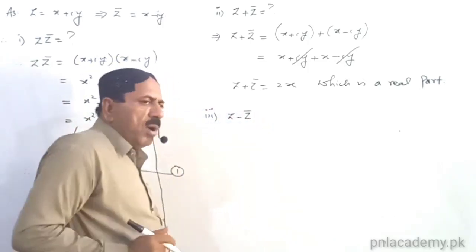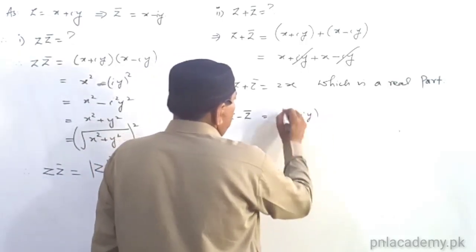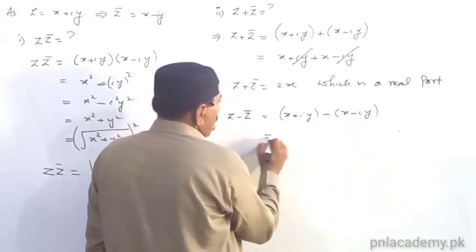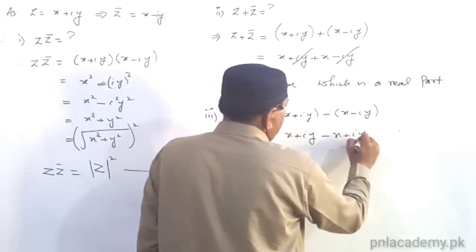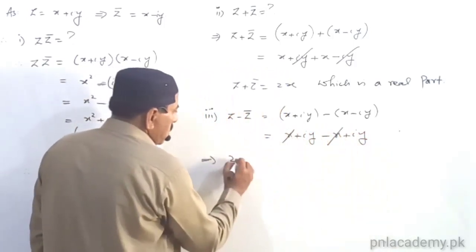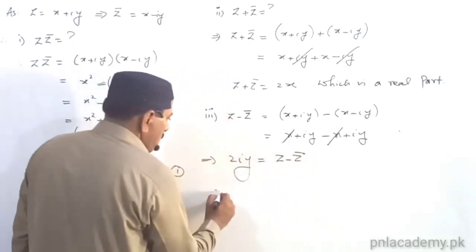Again, number 3 is z minus z bar is equal to x plus iota y minus x minus iota y. X plus iota y minus x plus iota y. X is cancel. It implies that 2 iota y is equal to z minus z bar.